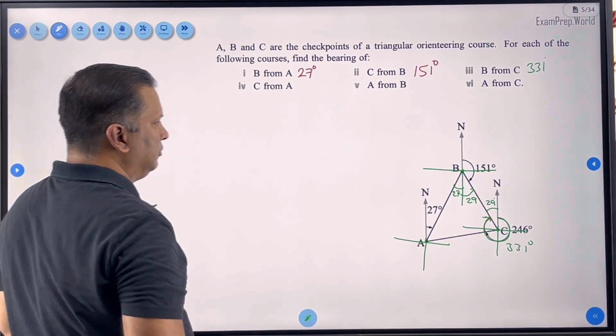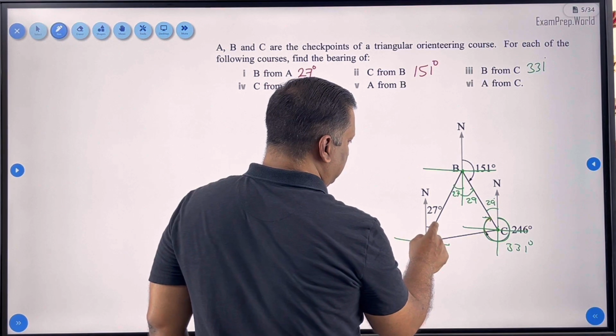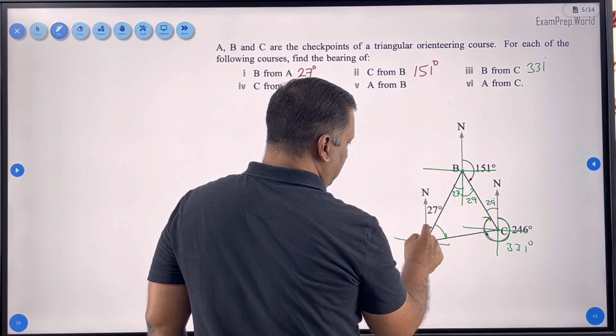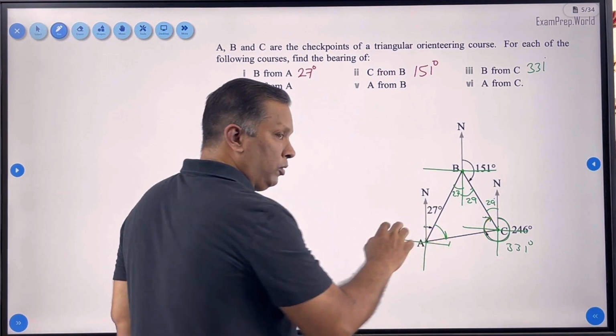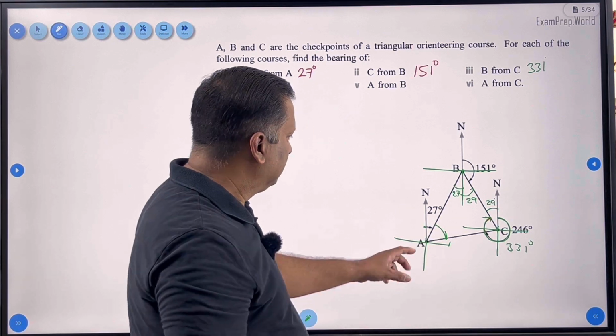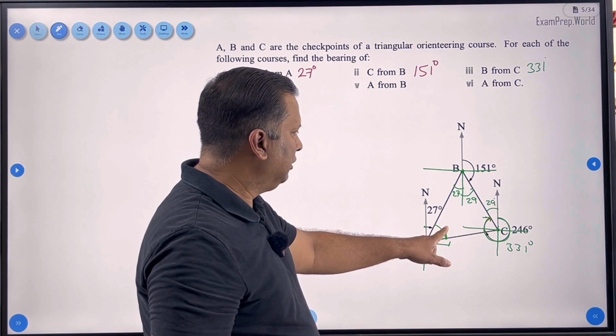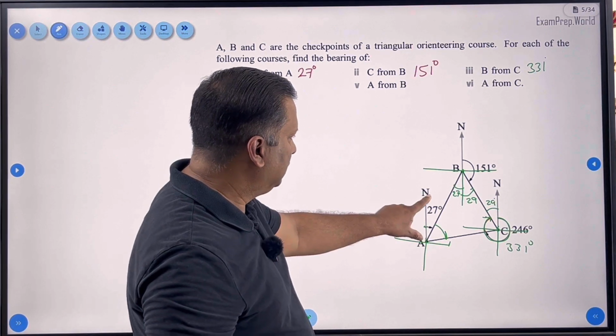Now C from A. So I need this angle now. Because this is already 27. 27 plus this will give us C from A. Okay. So let's do C from A. How do you find this angle? This is 27.